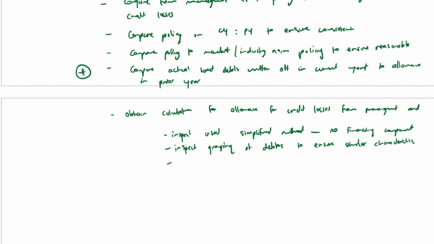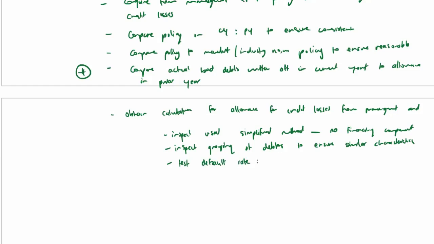Because that's what they then apply the same kind of matrix or percentage to those debtors based on their expected or historical credit losses, and then adjusting those forward. Then I'm going to say test the default rate for each of the different categories.